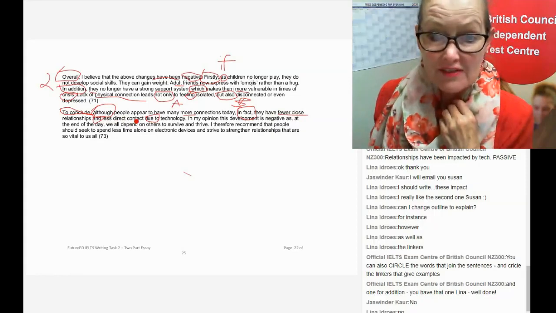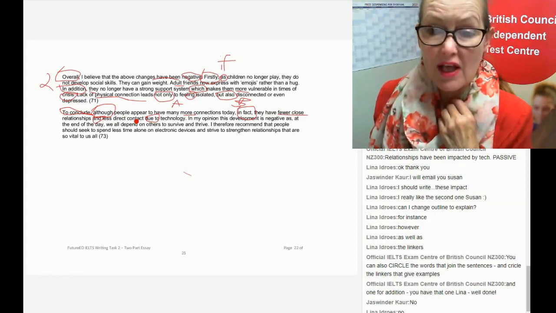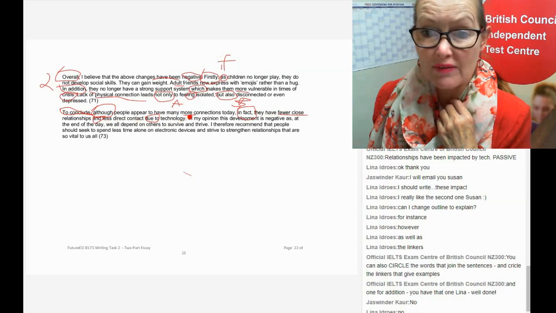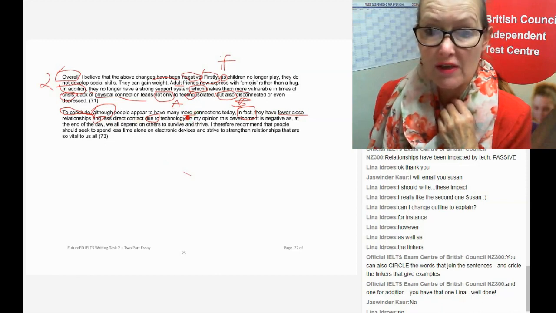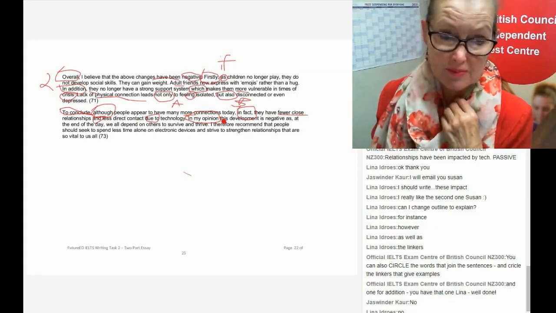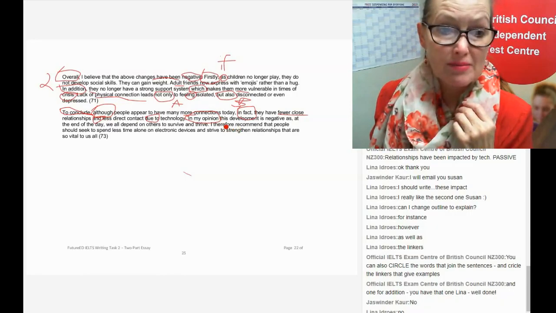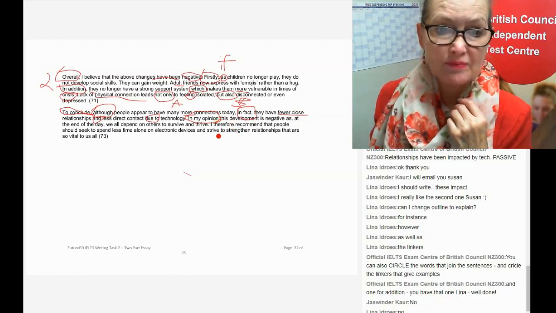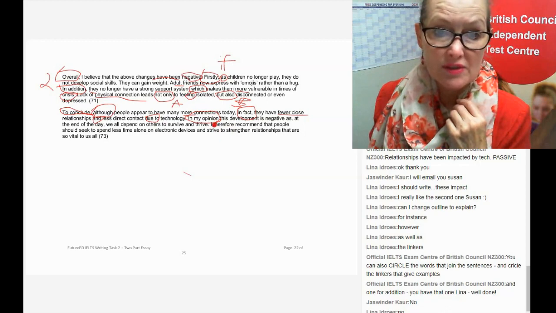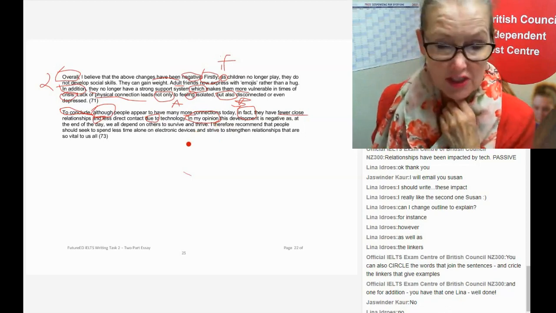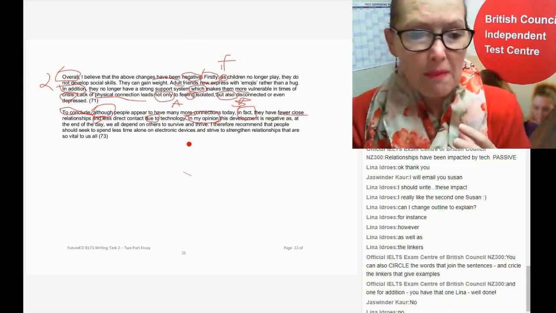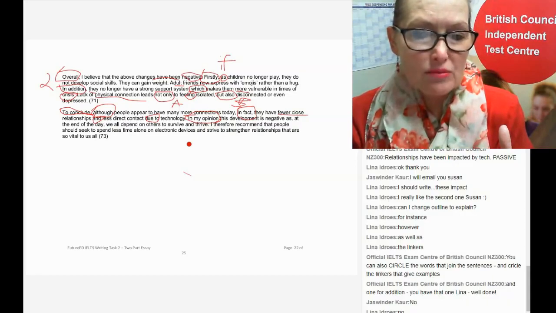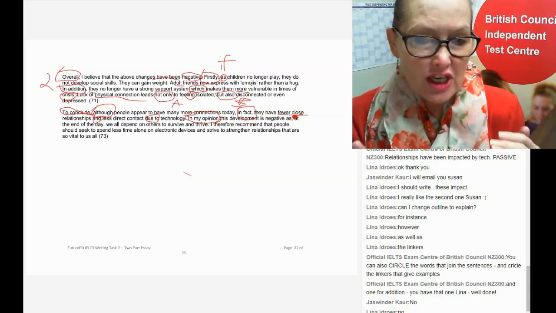In fact, this is a useful little word as well, they have fewer, there's my comparative again, close relationships. They have more connections, but they have fewer close relationships, and my linker, and less direct contact due to or as a result of technology. So here I'm going back to my general statement.